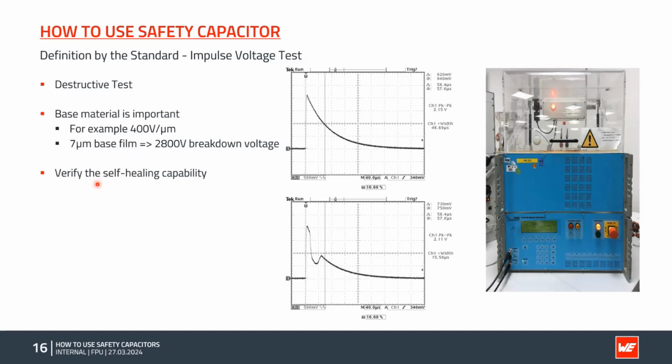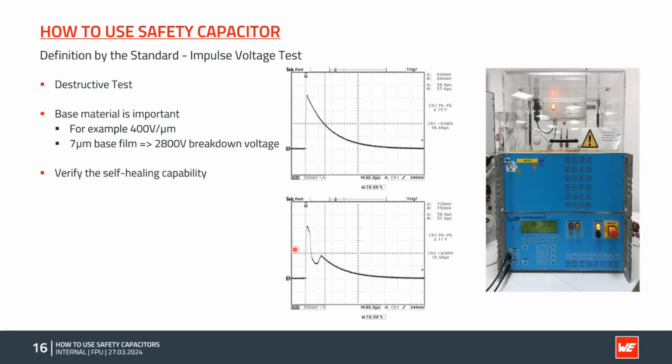We check here mostly the self-healing capability. It means there could be some breakdowns. When we apply the voltage and there is a breakdown, also when there's some impurity or an area which has some issue, the capacitor heals itself, and then the next impulse comes, and maybe everything is good.